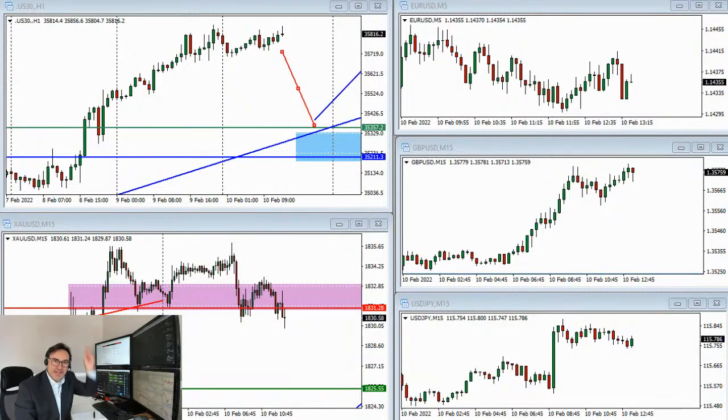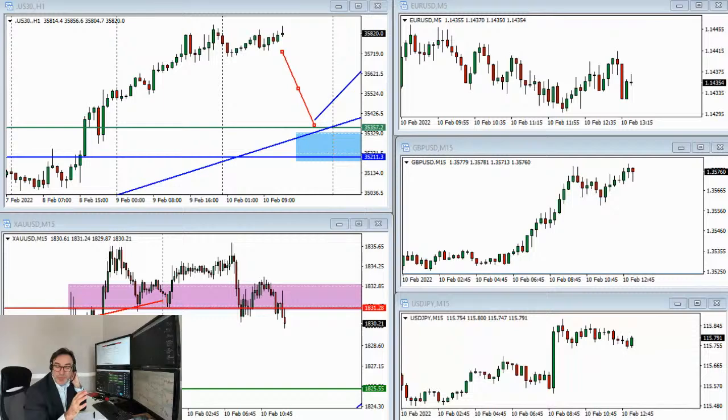Equities rallied, S&P rallied, Nasdaq rallied, Dow Jones rallied, and you could see a bit of an oversold bounce back in euro dollar, oversold bounce back in sterling dollar, and so on. All the US dollar currency pairs reacted. Dollar CAD went down, Aussie dollar went up, and so on and so on. So this is where we are. This is going to come up any minute now, so that's why I'm keeping my positions open as they are.